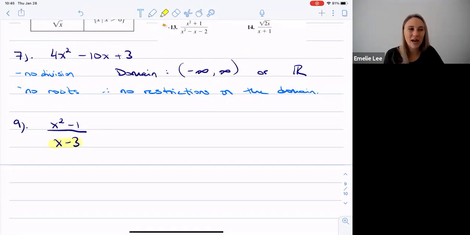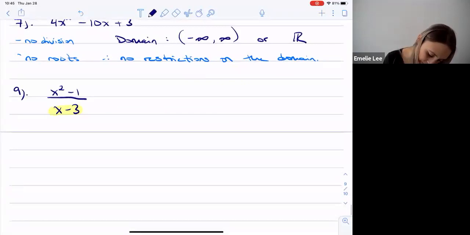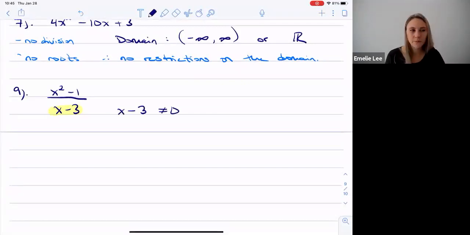I'm dividing by x minus 3. So because I've only got division here, I don't have to deal with any roots, but what I need to make sure is that x minus 3 can't be 0, right? So here we're saying x minus 3 cannot be 0.